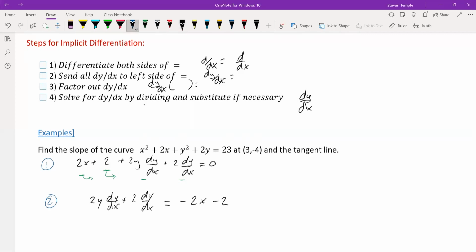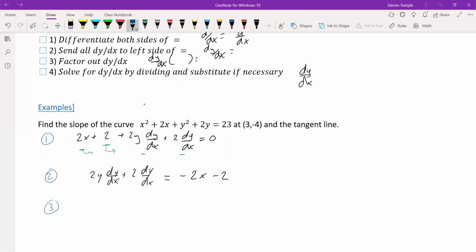Step 3 is factor out dy/dx. If I'm looking at the left-hand side here, you can see that they both share a dy/dx, so let's factor out a dy/dx. If we factor it out, we get 2y plus 2 equals negative 2x minus 2.